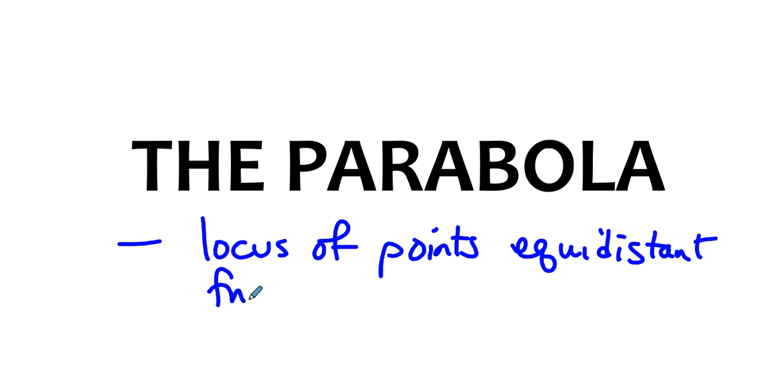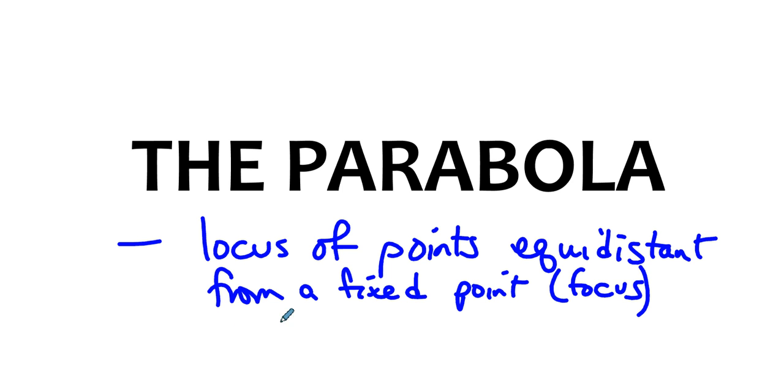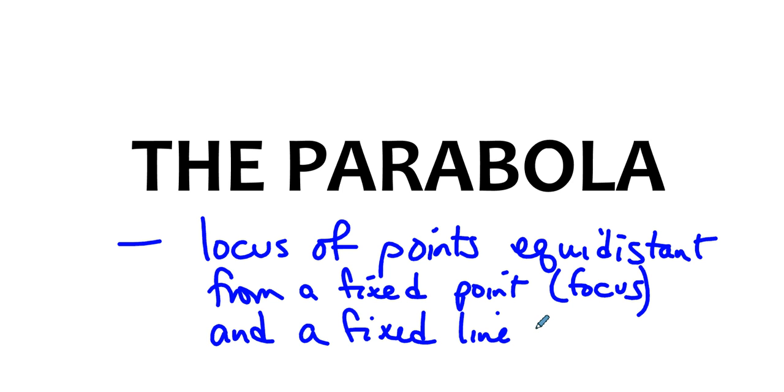So when we talk about parabolas, we are talking about a locus of points. A parabola is a locus of points equidistant from a fixed point, and that point is called the focus, and a fixed line, and that line is called the directrix.